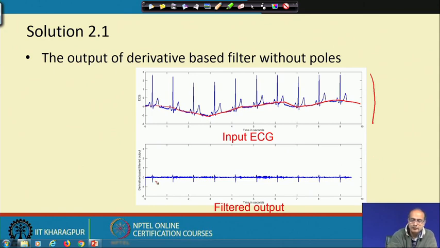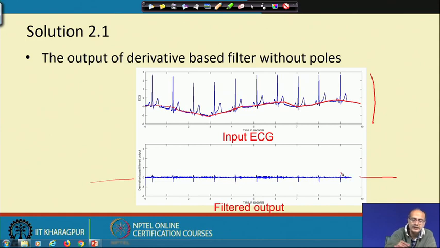And now we are getting something horizontal. So, it has done a very good job in removing the low frequency artifact, but at the same time the signal shape has become completely different.